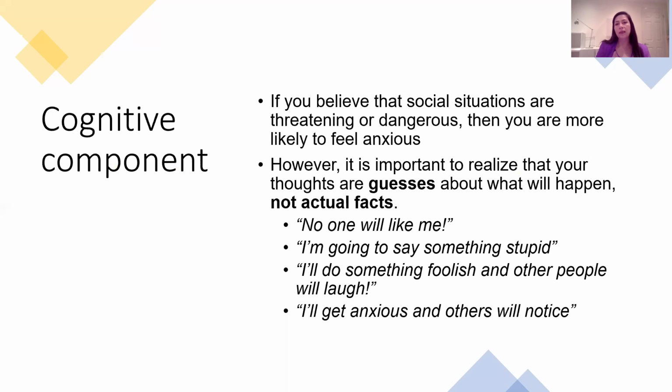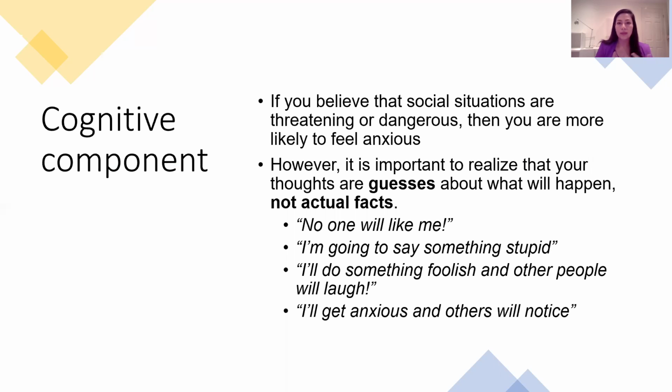If you believe that social situations are threatening or dangerous, then you're more likely to feel quite anxious. However, it's important to realize that your thoughts are guesses about what will happen, and they're not actual facts of what might be happening.